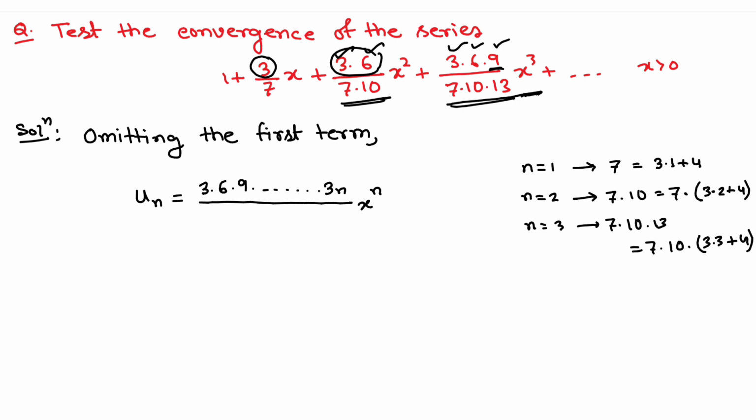Clear? That means for general n, multiply all the previous numbers, 7 into 10 into 13 into dot dot dot, and the last number will be 3n plus 4. Clear? Because you can see that for every value of n, the last number is of the form 3n plus 4.